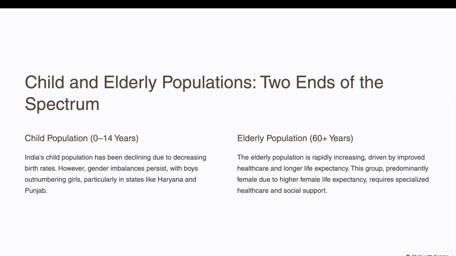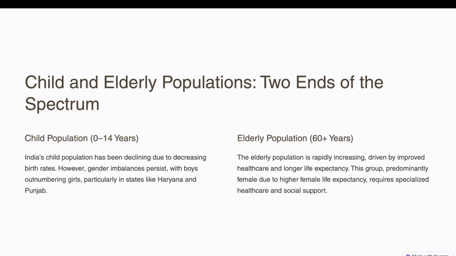Interestingly, female seniors outnumber males, reflecting the global trend of higher female life expectancy. While India's elderly population is small compared to developed countries, their absolute numbers are larger than the total populations of many countries.